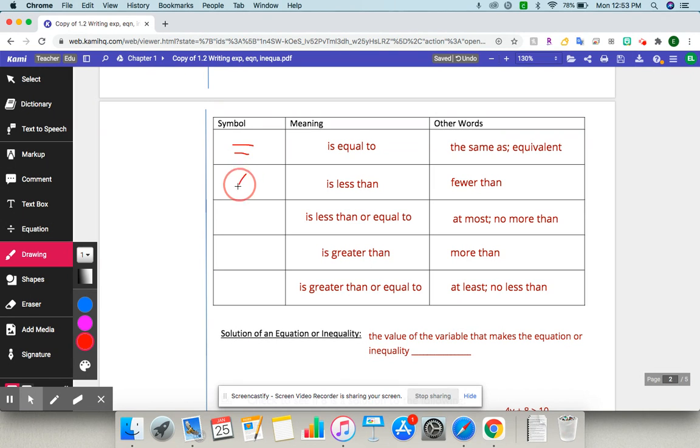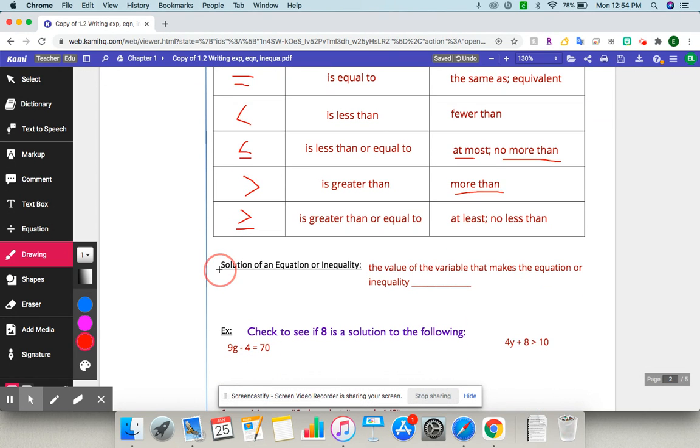The symbol is less than could also be referred to as fewer than. Less than or equal to could be referred to as at most or no more than. The symbol is greater than could be referred to as more than. And greater than or equal to might be referred to as at least or no less than.